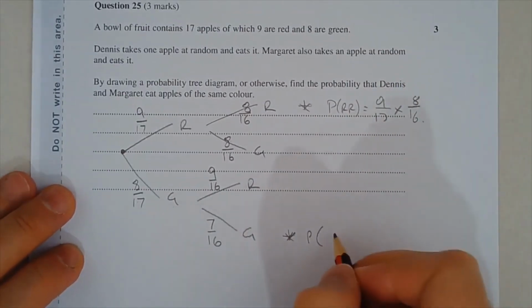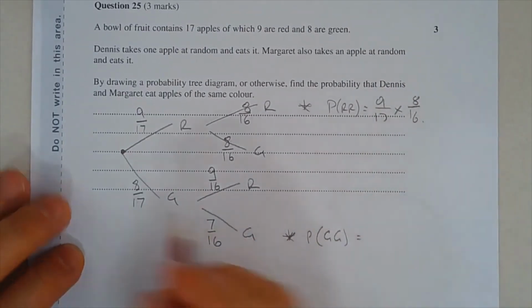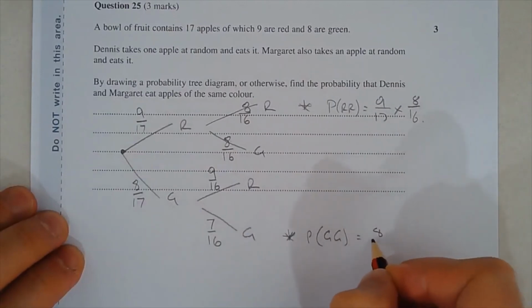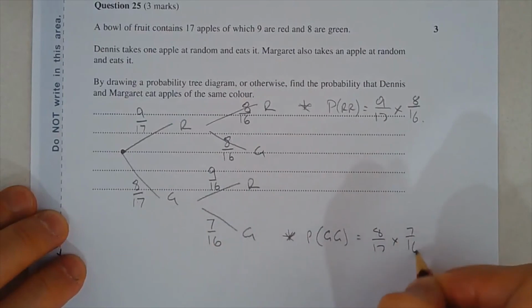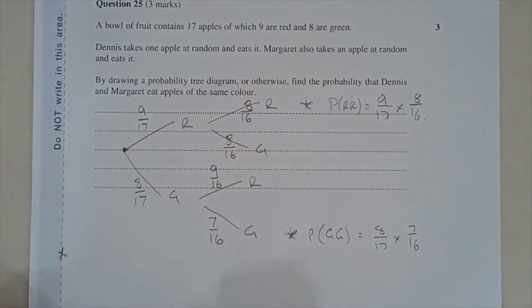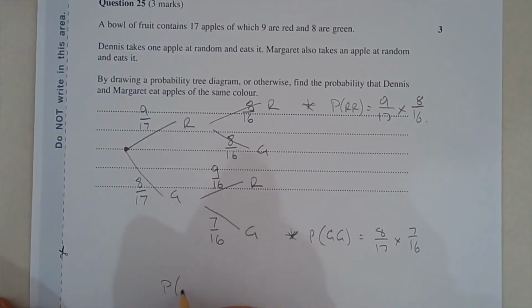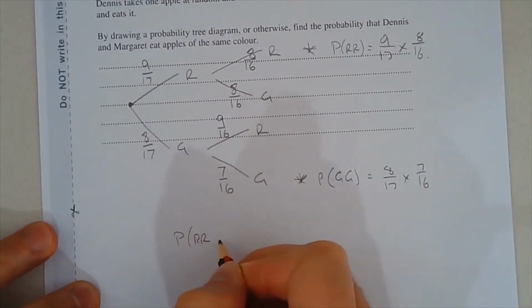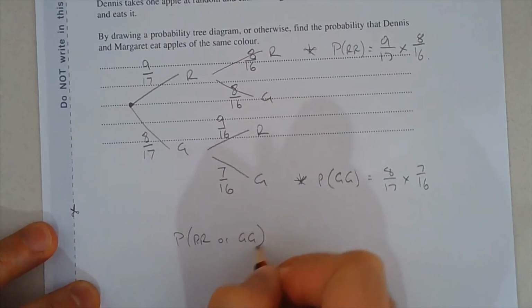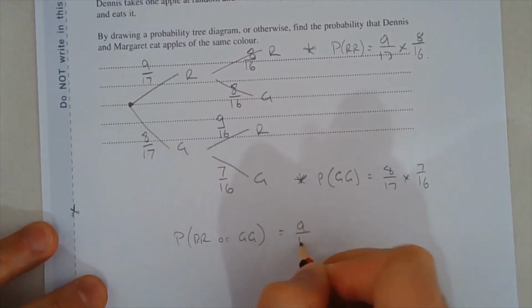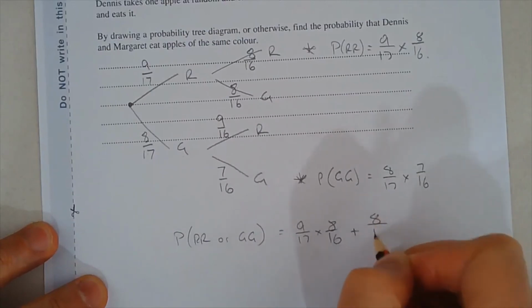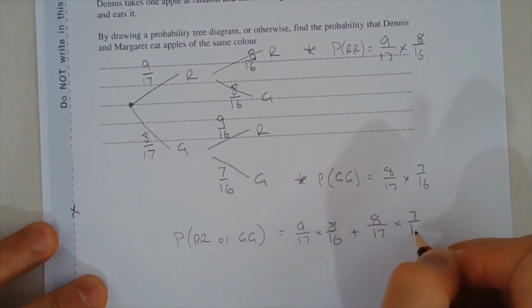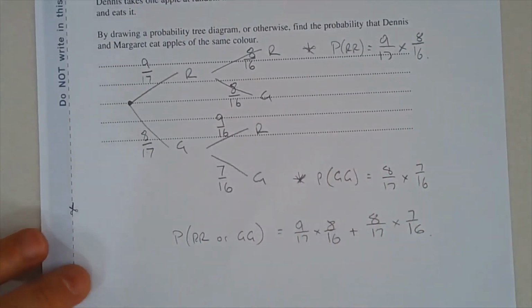Probability of green green is equal to 8 on 17 multiplied by 7 on 16. What we do then is we add those 2 together. So the probability of red red or green green is equal to 9 on 17 multiplied by 8 on 16 plus 8 on 17 multiplied by 7 on 16.